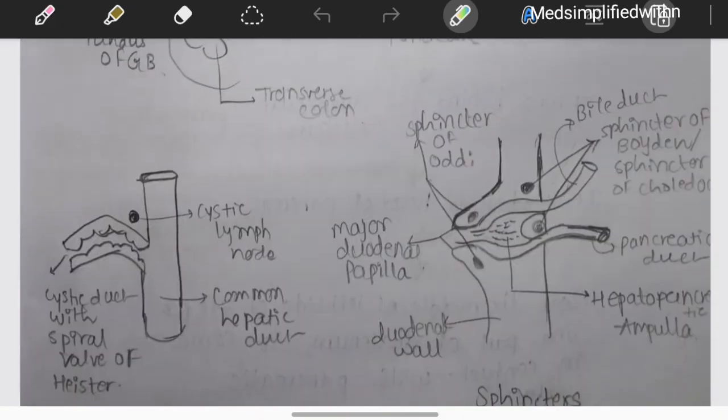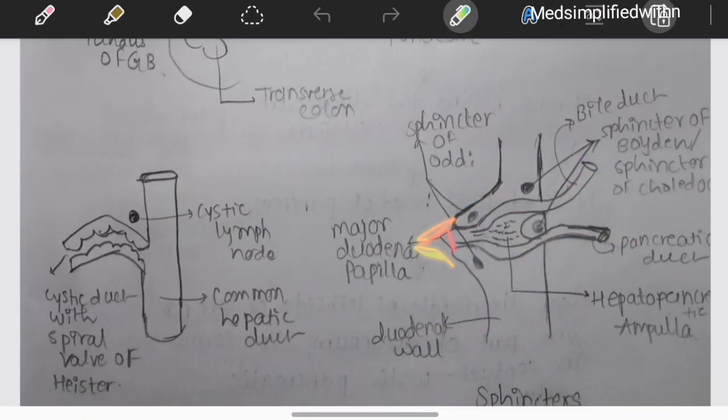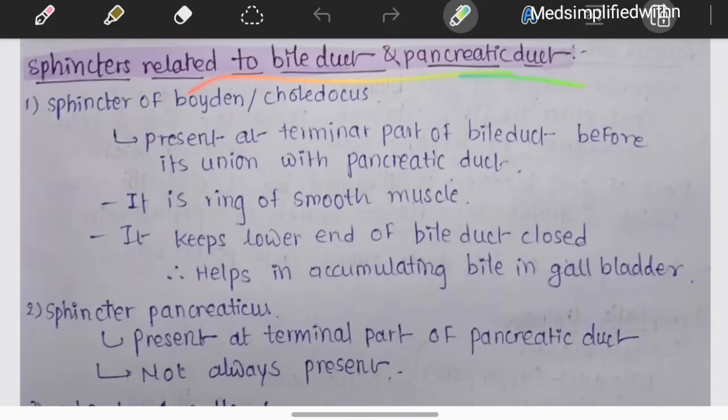Here is the duodenal wall, and here is the bile duct, and here is the pancreatic duct, and here they form the major duodenal papilla, and the hepatopancreatic ampulla is formed here, and there are four sphincters we will see here, the sphincters related to the bile duct and pancreatic duct.